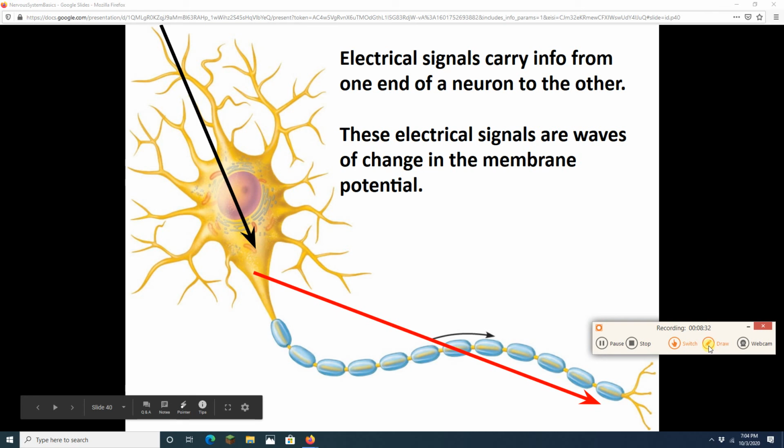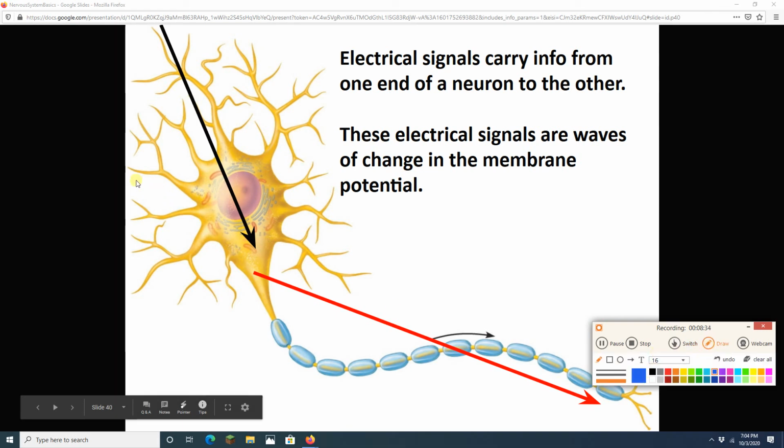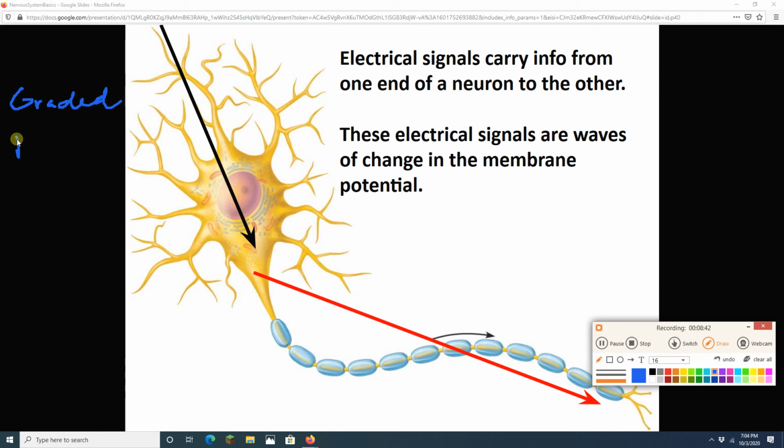Why is this? Well, if you remember from before, in the dendrites and the soma, we're going to have a type of electrical signal called the graded potential, whereas in the axon, we're going to have a type of electrical signal called the action potential.